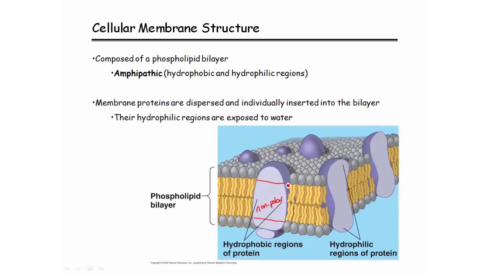This is because it is touching nonpolar stuff. So all of this area of the protein that's touching the nonpolar groups is also going to be nonpolar. However, up here on the top, it's exposed to polar things. So that part of the protein is going to be polar on the outside.